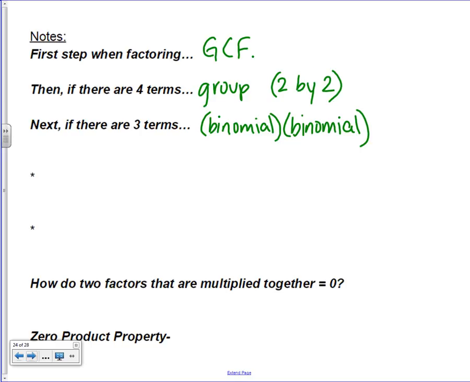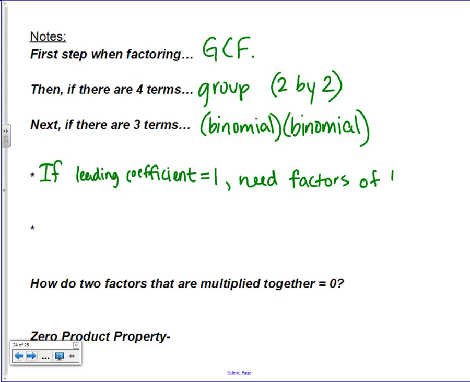The first way we learned was if the leading coefficient is 1. If that's the case, I just need factors of the constant. And remember, folks, the constant is the number that is typically on the end, and it does not have any variables.